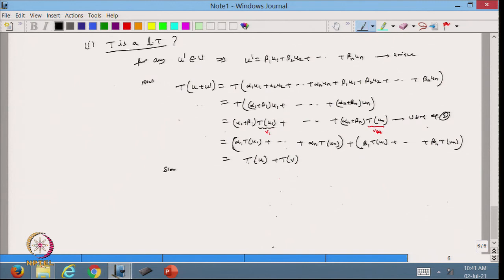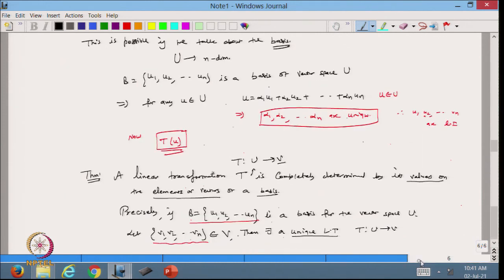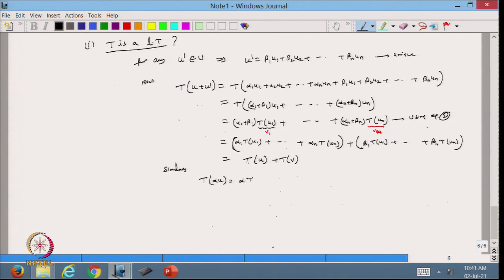Similarly, we can define T of alpha times u, that can be easily written as alpha times T u. So it is a linear transformation. Also, now we have T of u is equal to alpha 1 v 1, alpha 2 v 2, up to alpha n v n.